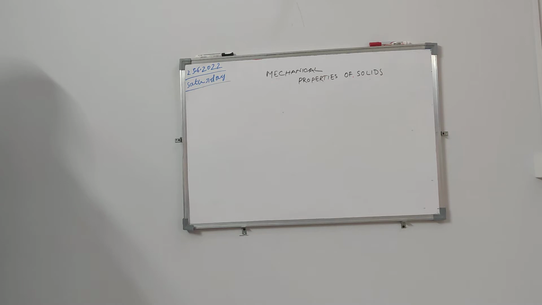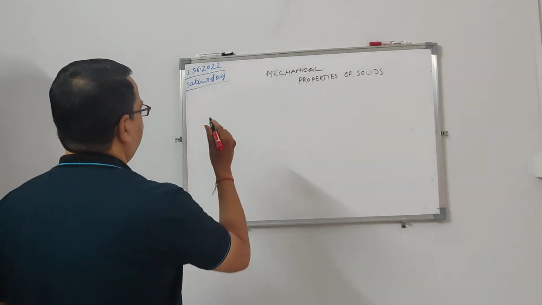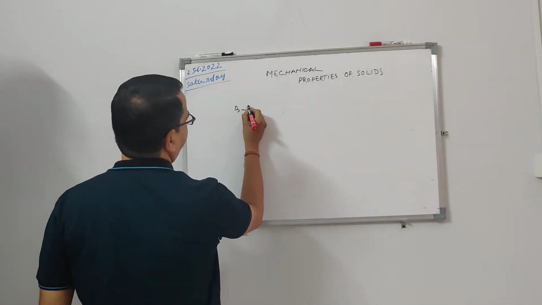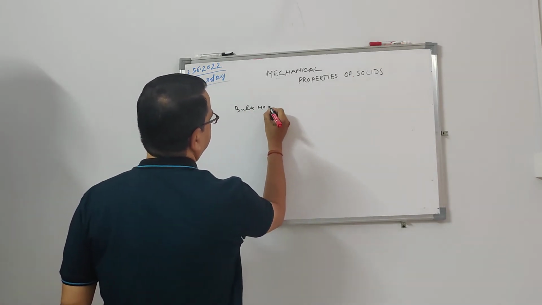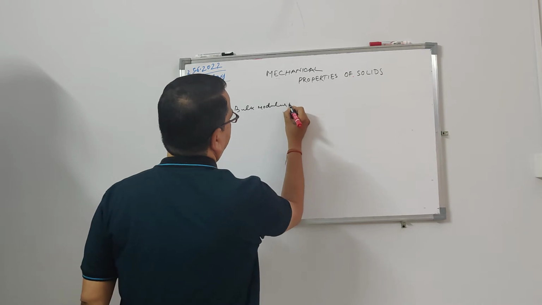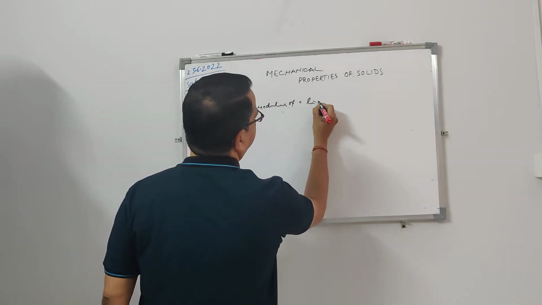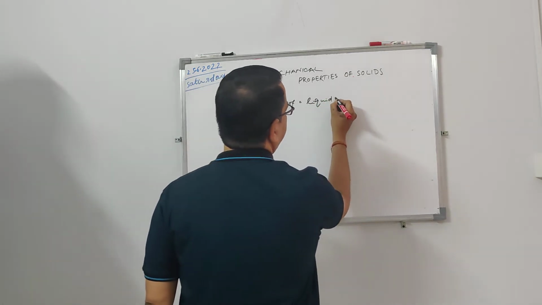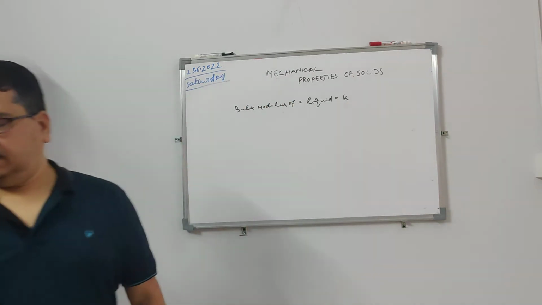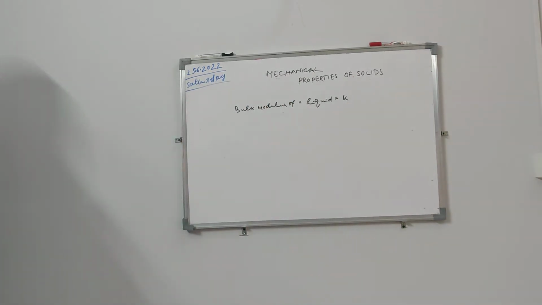So the question is: a liquid of bulk modulus K is compressed by applying an external pressure such that the density increases by 0.01%.